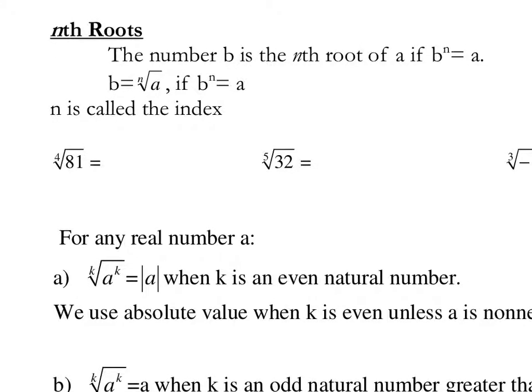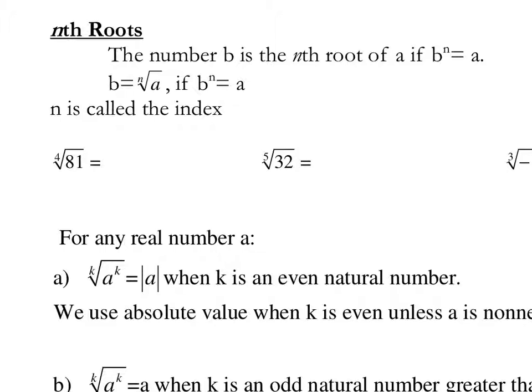Nth root. The number b is the nth root of a if b raised to the nth power equals a. b equals the nth root of a if b to the n equals a. n is called the index. So this is fourth root.